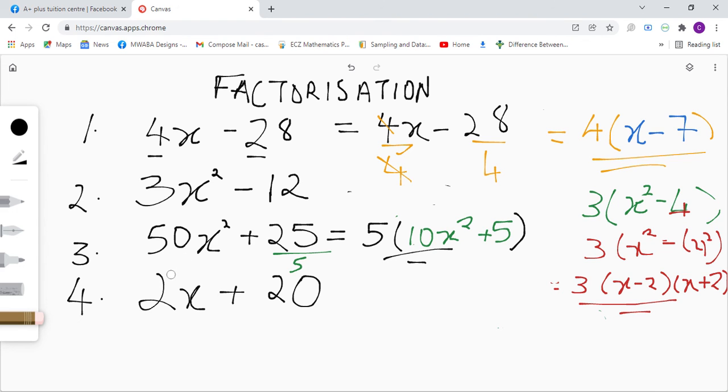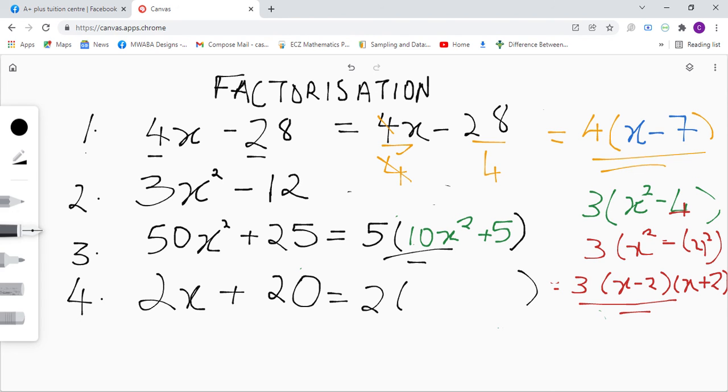We've got our final question, which is 2x plus 20. Our highest common factor here is 2.